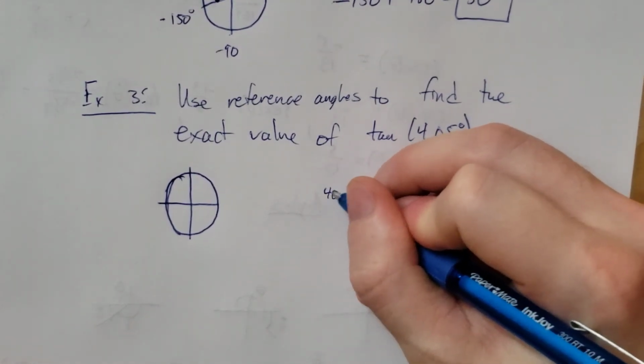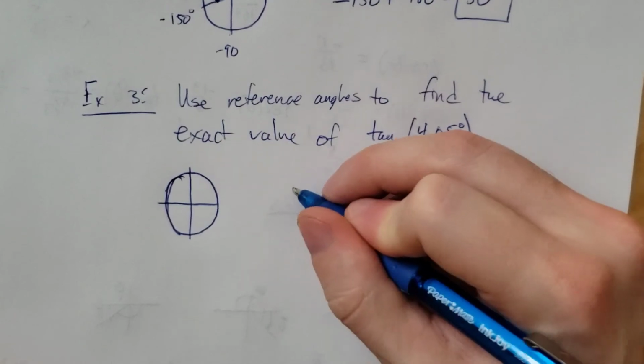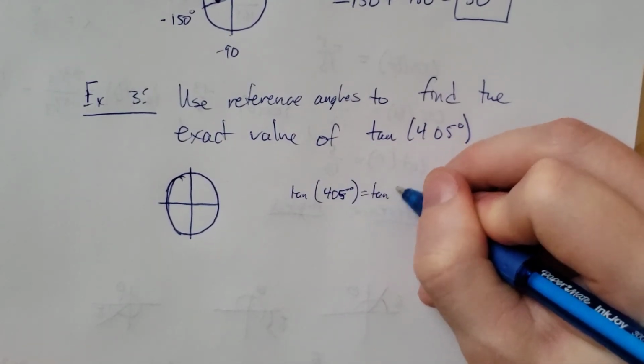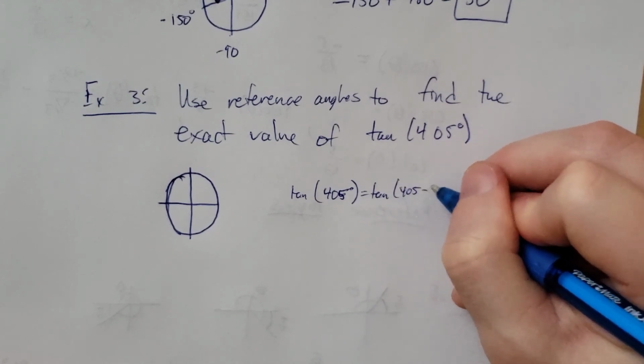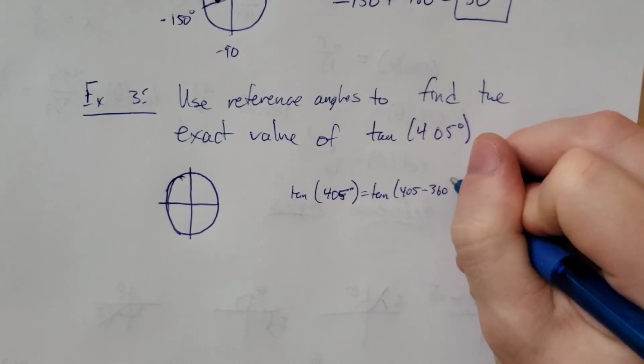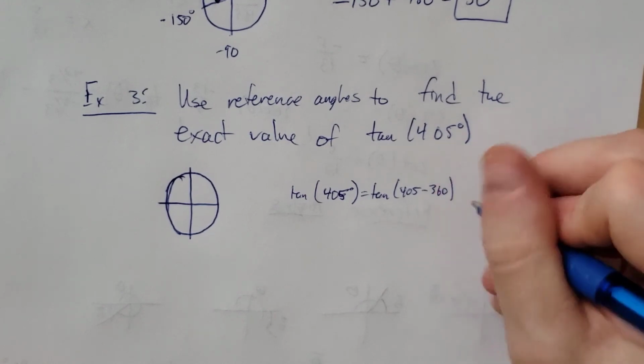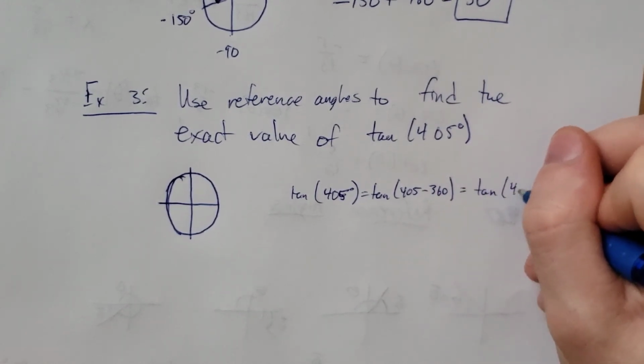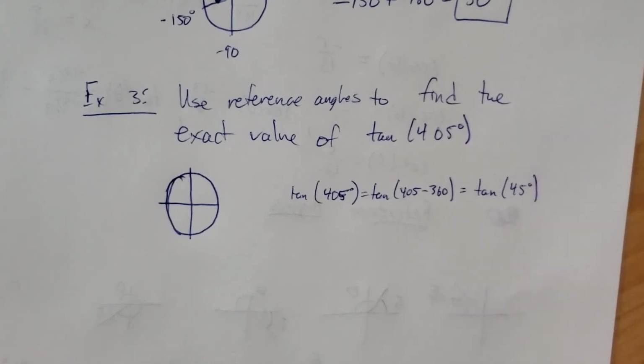And notice that tangent of 405 degrees should be equal to tangent of 405 minus 360, which we know from previous sections, which is tangent of 45 degrees.